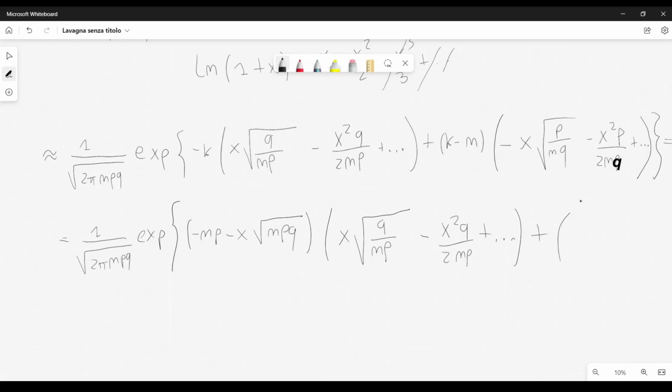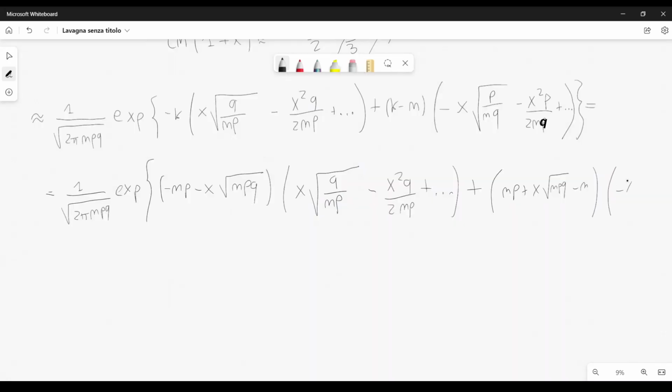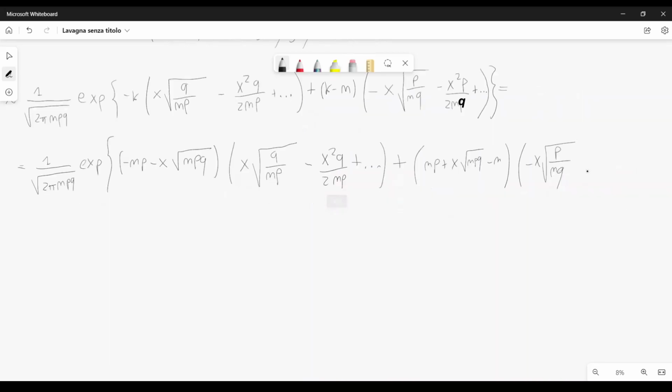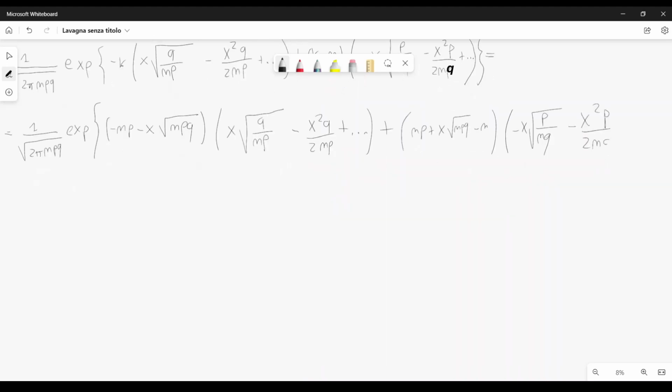So in this case, I rewrite k as np plus x square root of npq, minus n, times minus x square root of p over nq, minus x squared p over 2nq plus dot dot dot. This is approximately equal to 1 over square root of 2 pi n pq exponential of.